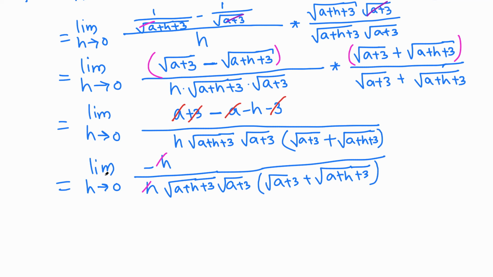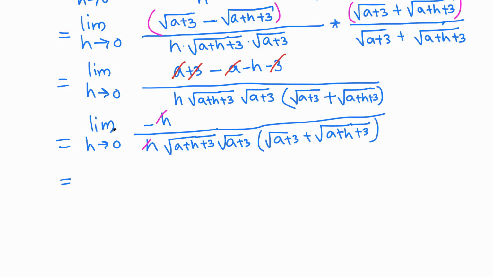Okay, and now we take the limit. That means we replace h by 0 after we cancel. So negative 1 on the top, I can pull the negative to the front. On the bottom, h is 0. So we got the square root of a plus 3 and the square root of a plus 3. Oh, look at this.